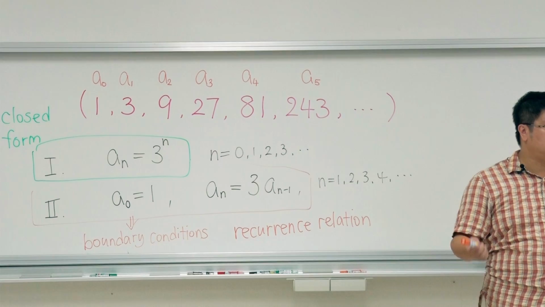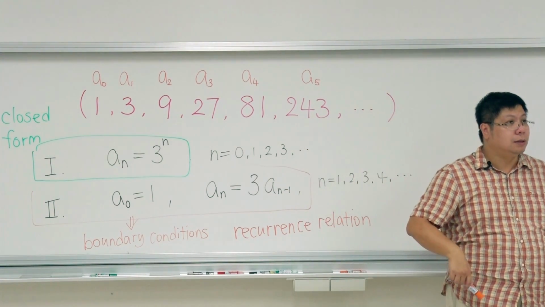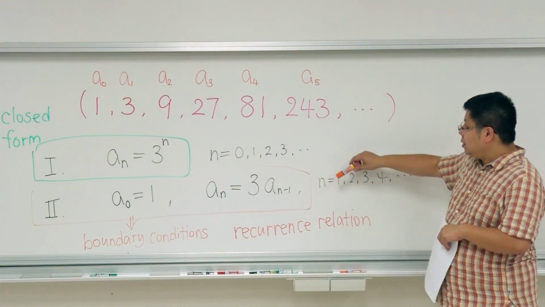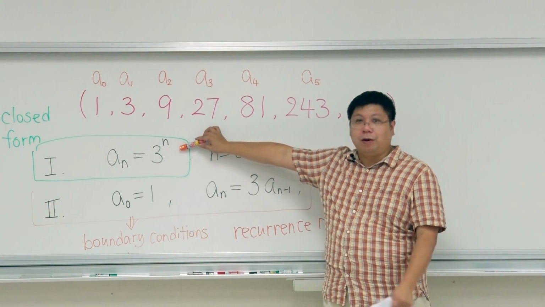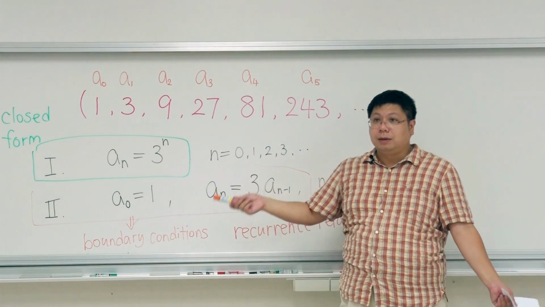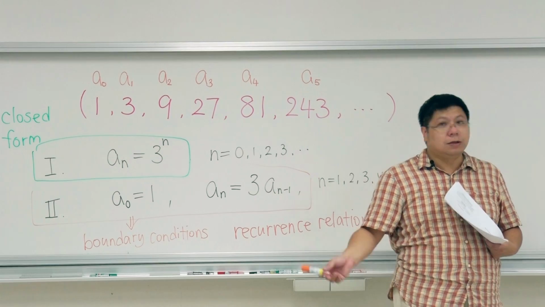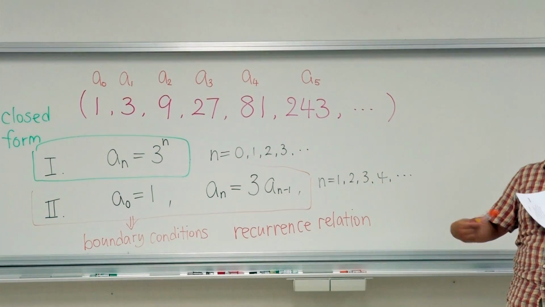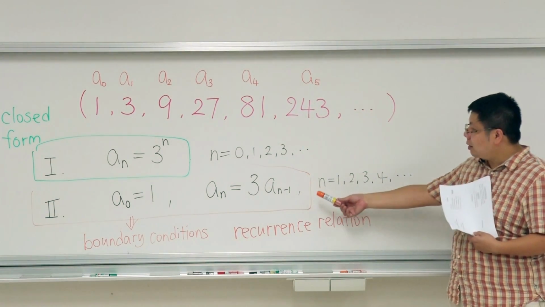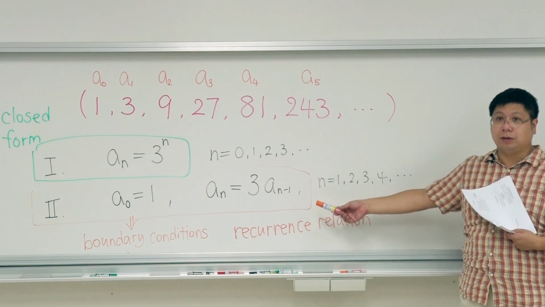What is the relationship between case n and case n minus 1? If you just have a single formula, you have no way to tell the relationship between adjacent terms. But a recurrence relation gives you more information in terms of that.